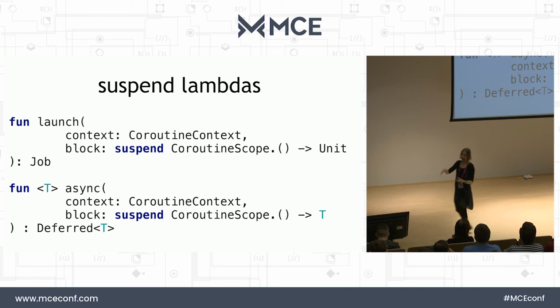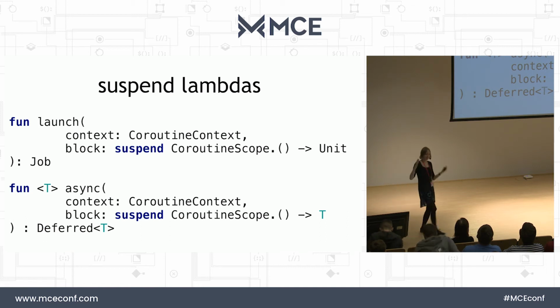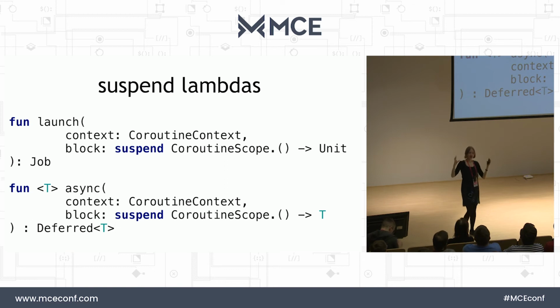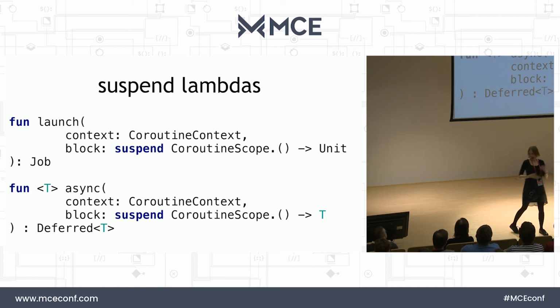If we look at the declaration of launch and async functions, we'll see that they take a suspend lambda as a parameter, and that is another general place where you can call suspend functions. So now you can program in terms of these suspend functions, and you can call them in these special suspend contexts.